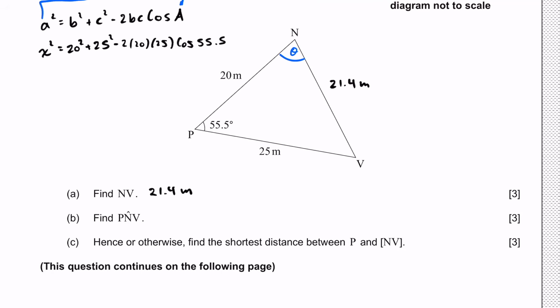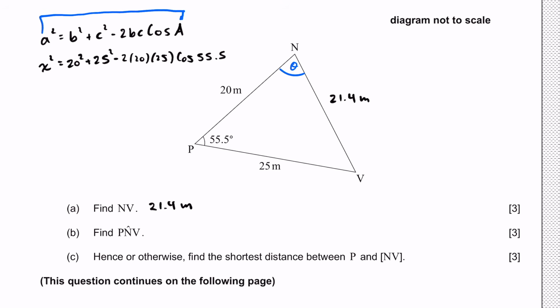Let's use sine rule. So here's our sine rule. Sine rule is sine A over A is equal to sine B over B. In this case, this theta is what we already have. So let's go ahead and substitute.